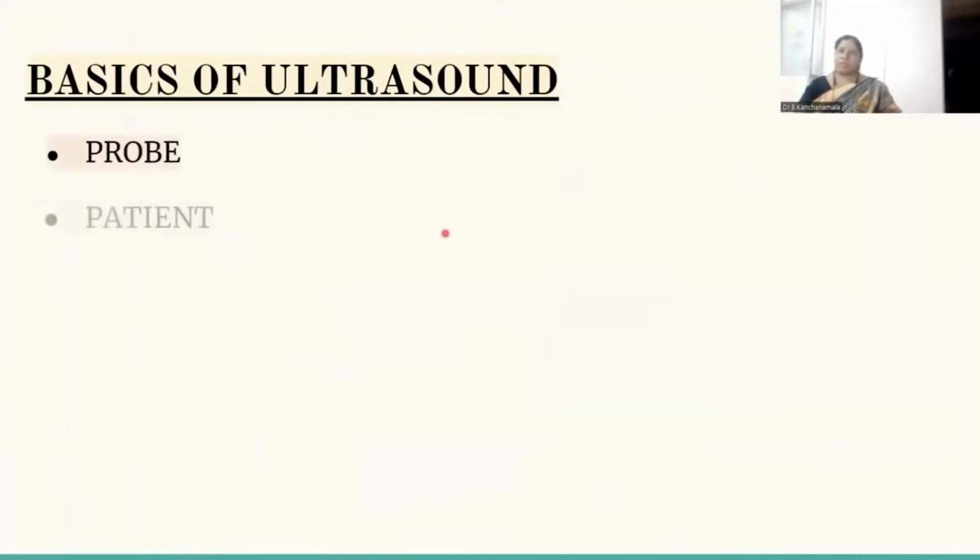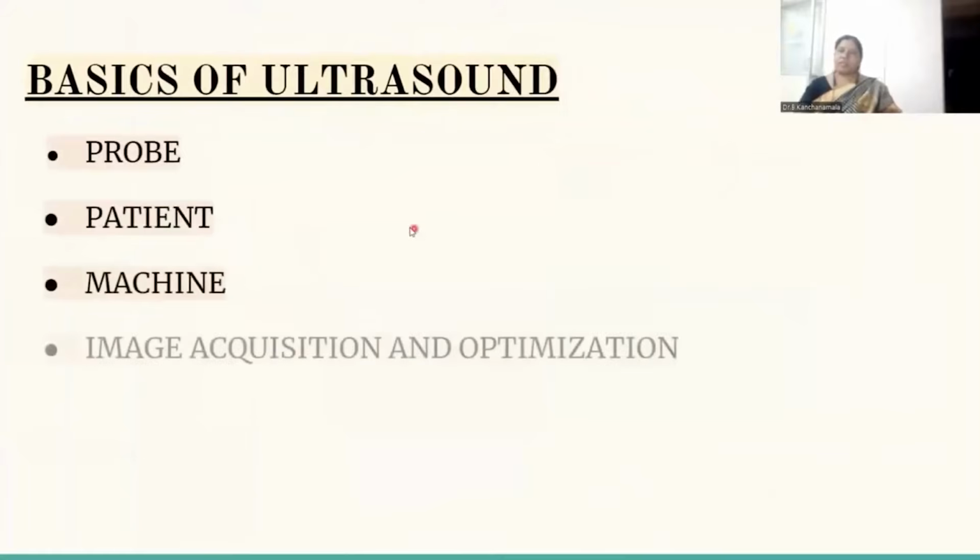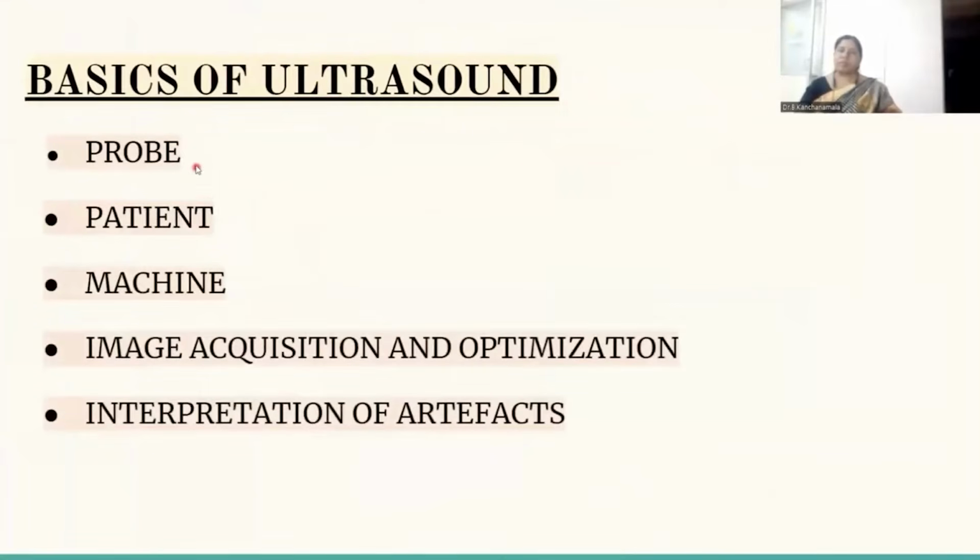Let's go into the basics of ultrasound, just revising. We have to be certain that the correct probe is identified and used for the appropriate image scanning, the patient is correctly placed, and the machine is ergonomically placed.